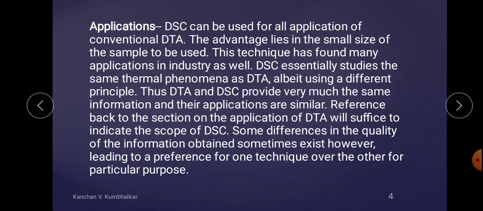Now, this is all about the DSC and DTA differentiation, but on the basis of application, the DTA applications are exactly applicable to DSC. Applications of DSC are exactly equal to DTA, but in a more accurate and authenticated form. The advantage lies in the small size of the sample to be used.